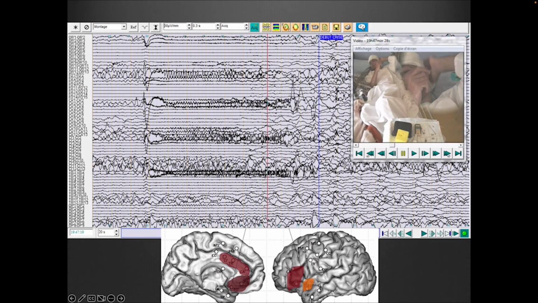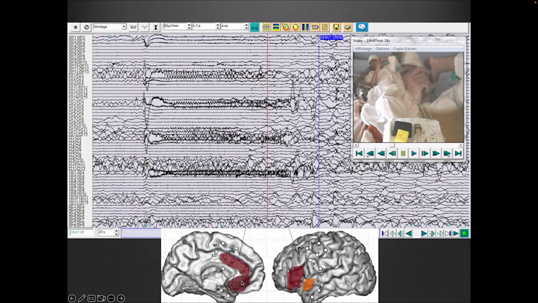You see now the seizures reproducing exactly the same behavior, and you see at the bottom that the seizures were mainly involved here in the electrode. You see CATR and CL on the left is the fast activity with the rhythmic theta around during this manipulating behavior.